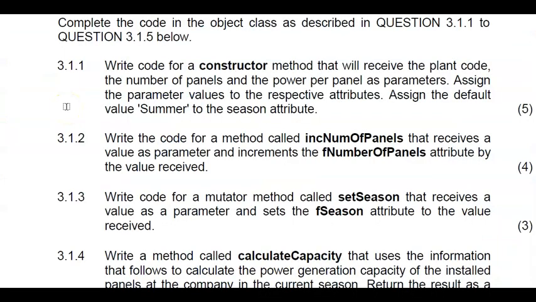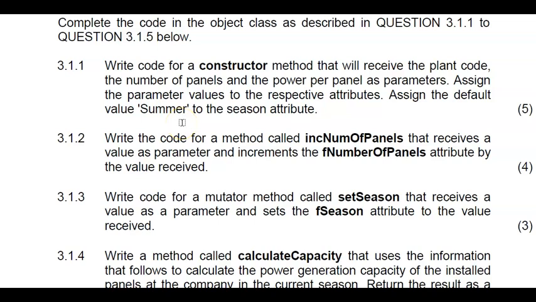Let's start with 3.1. Here they typically ask you to write the constructor method in question 3.1.1 unless it's been provided or another method was done first that should be called then in the constructor, which would be question 3.1.2. So you could find the constructor in any one of these two questions.